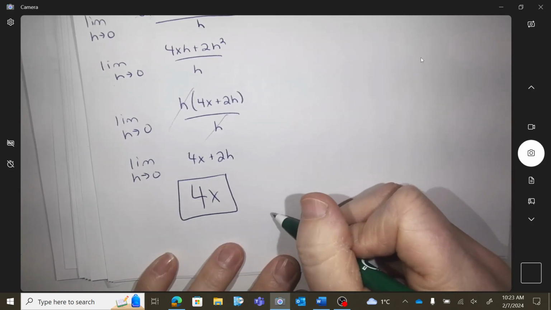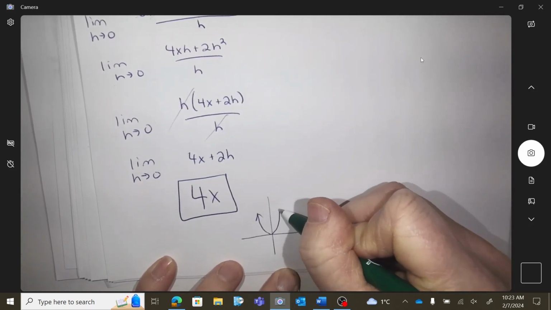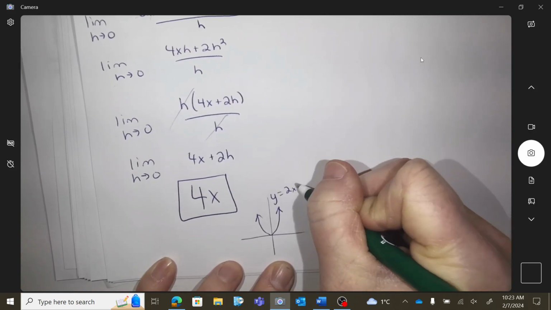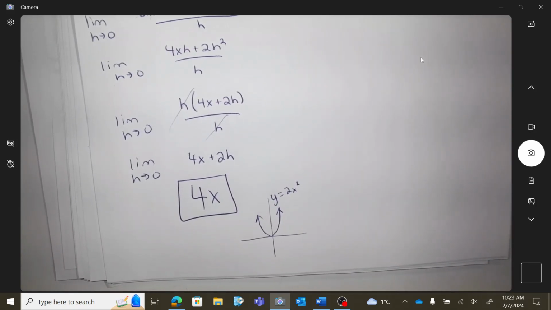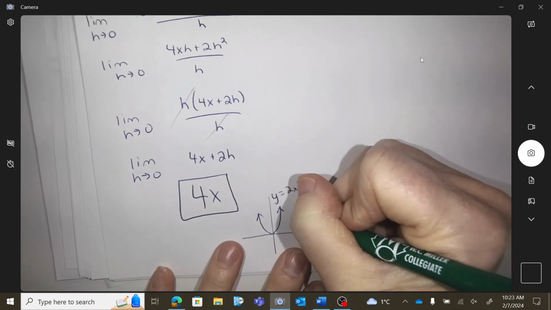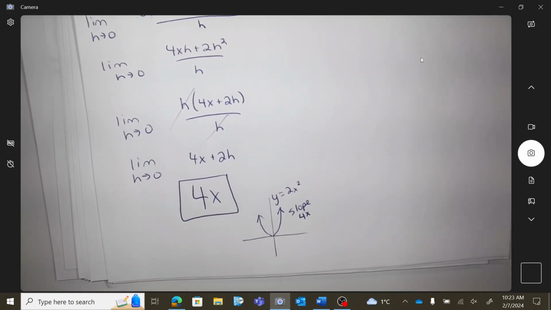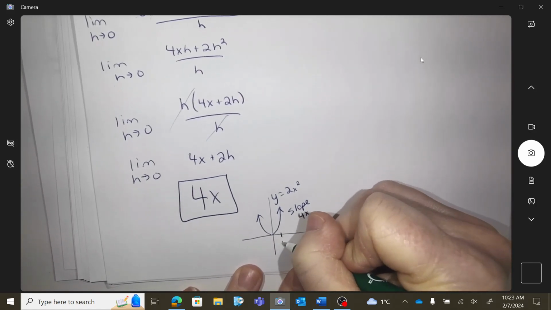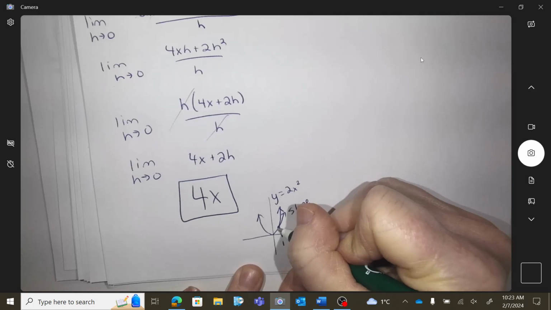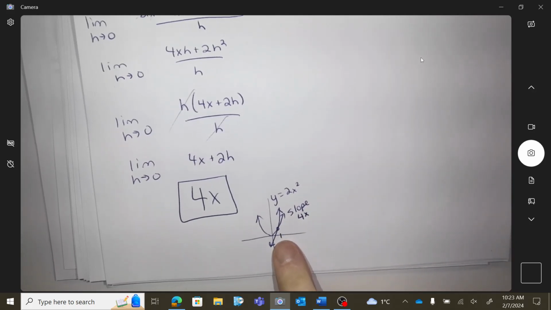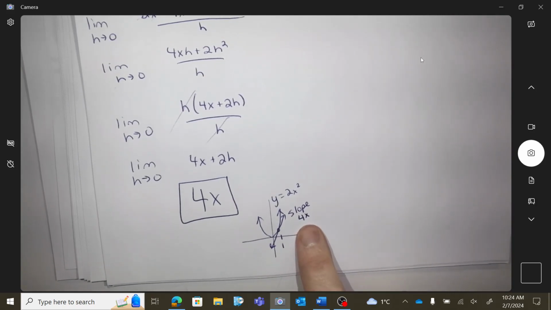Okay, so look at this. Y equals 2x squared. It looks like that, right? So what does that tell me? It tells me I can plug in any x value, and the slope would be 4x. So here's an example. At the x value of 1, what's the slope of that line hitting it? 4.